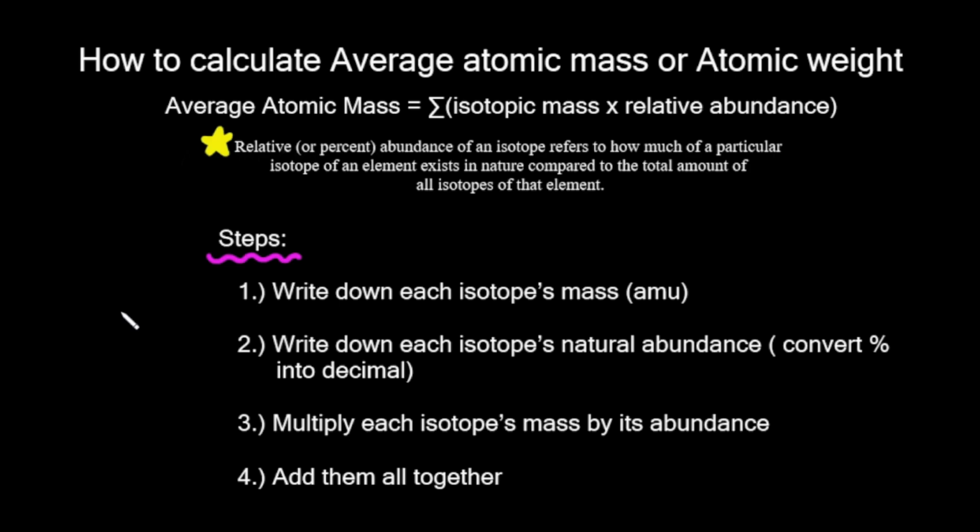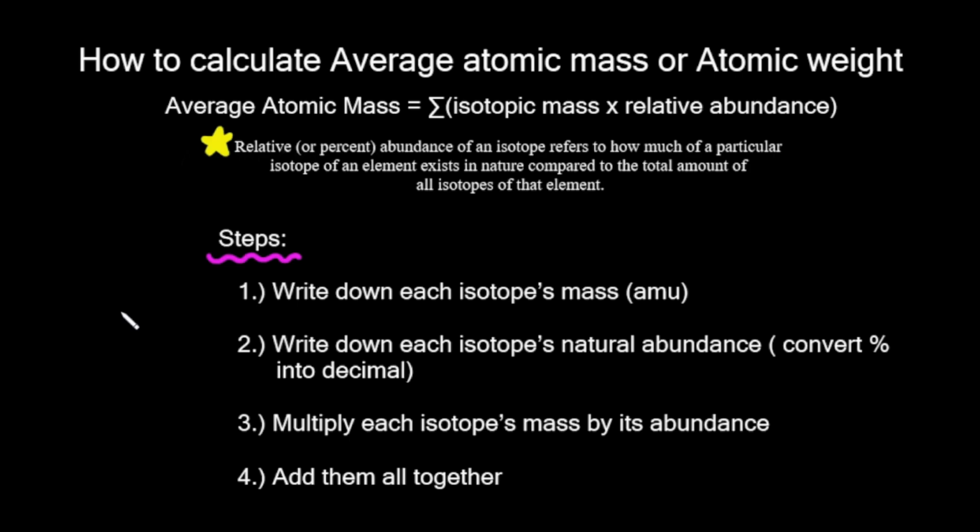The formula for the average atomic mass is average atomic mass equals the sum of the isotopic mass multiplied by the relative abundance. The relative or percent abundance is the percentage of atoms of a specific isotope of an element compared to the total number of atoms of all isotopes of that element found in nature.